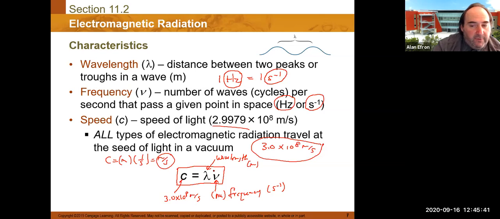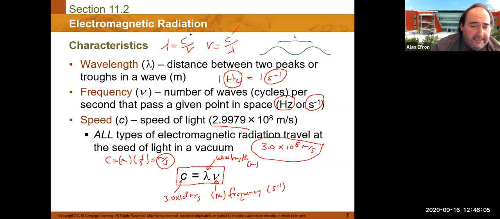So we could use this to solve for something like the wavelength. We could also use this formula to solve for something like the frequency of a wave by plugging those guys in and putting it in the correct units. If we rearrange this, the wavelength would equal C divided by the frequency. And if you wanted to solve for the frequency, it would be C divided by the wavelength.